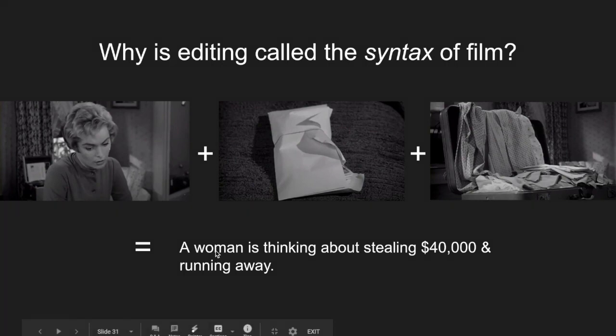If this is the sentence that this scene is conveying, the reason why we can understand what the scene is communicating to us is because of the way that those bits and pieces of the scene are put together. These are the words: woman, money, suitcase. We put them together, and then we have this coherent sentence there.